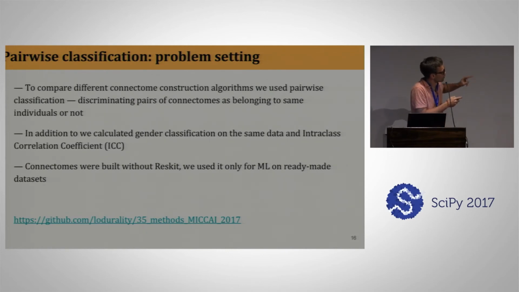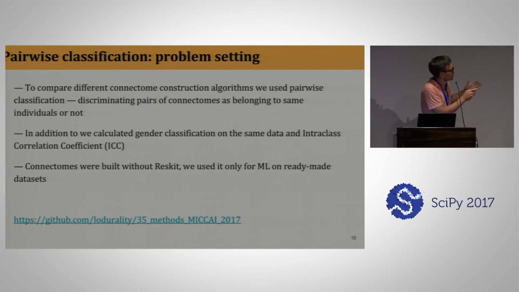Also, on the same data sets and for each preprocessing pipeline, we calculated gender classification and intra-class correlation coefficient, which is kind of a standard thing to calculate on test-retest data.